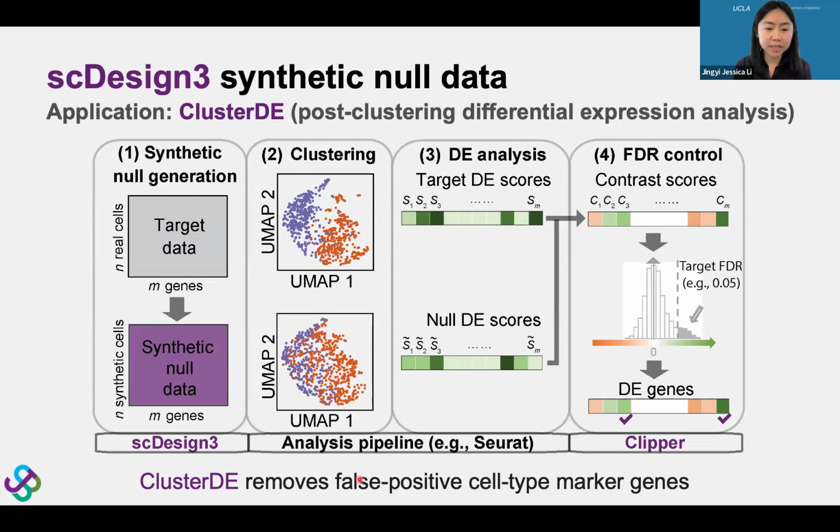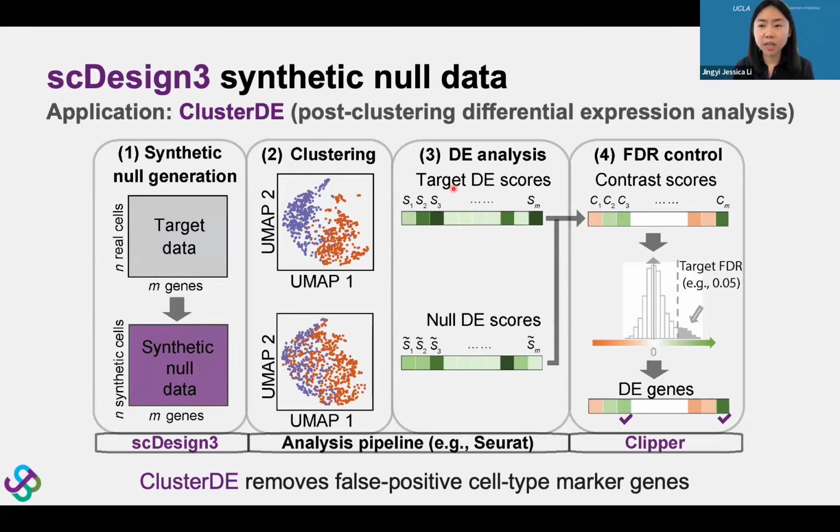And the good thing about this is that in the middle, we can use any pipeline of the user's choice. We don't have to constrain the clustering algorithm or the DE test they use. Roughly speaking, for every gene, it will get two p-values, one from the real data set and one from the synthetic null data set, and we compare the two p-values. That's what we do in the last step.